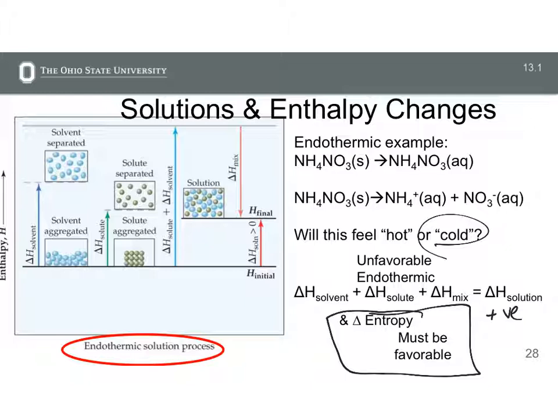Questions on these two figures or anything up to this point? Delta H of mixing is still negative, but it hasn't overcome the individual delta H's of solvent and solute.